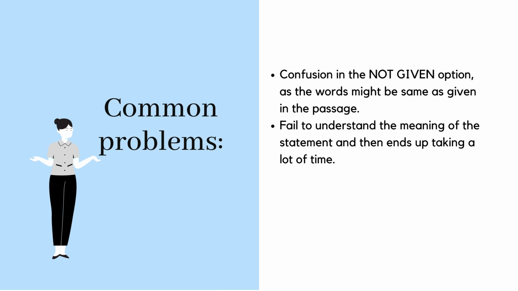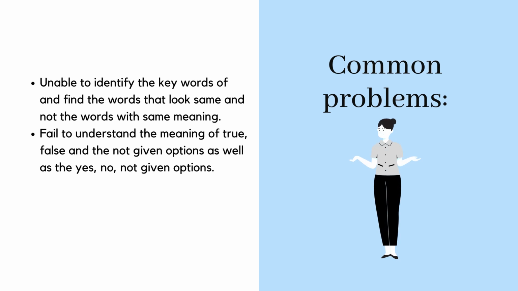The biggest problem here is the not given option. The not given option confuses the candidate the most, as the words used are the same as those given in the passage. Most students are not used to answering questions like this, as from the very start of our education, we have always answered true, false, or yes or no. We have never been given the option of not given.